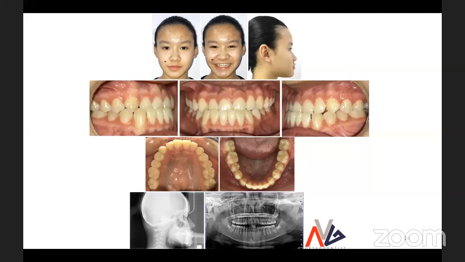I'm taking the relevant questions, one or two now. How did you correct the root prominence of 4-3? So what I did is I took the upper lateral incisor bracket and reversed it.